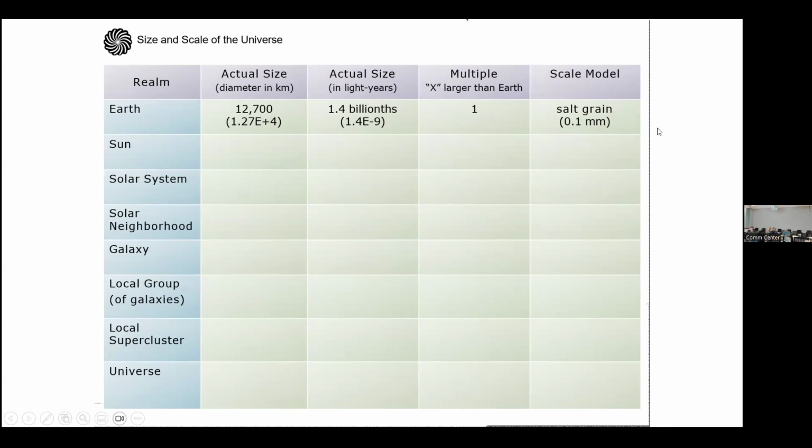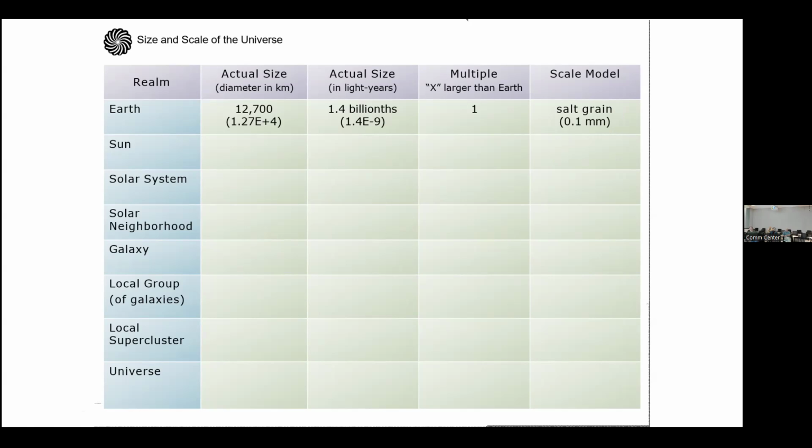If you were to build a scale model of the universe using the Earth as a base, and going all the way up into the corner here, using the Earth as a grain of salt, this table kind of describes how large all the other components would have to be to fit into a scale model.